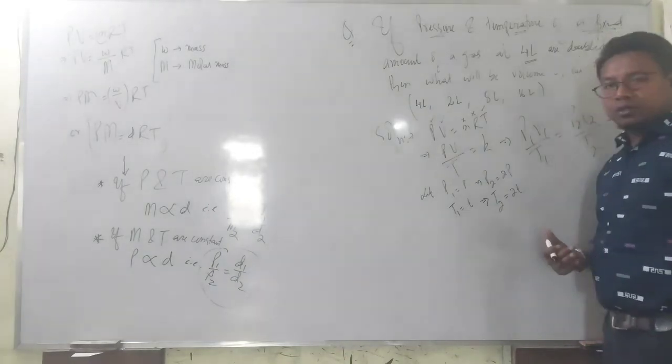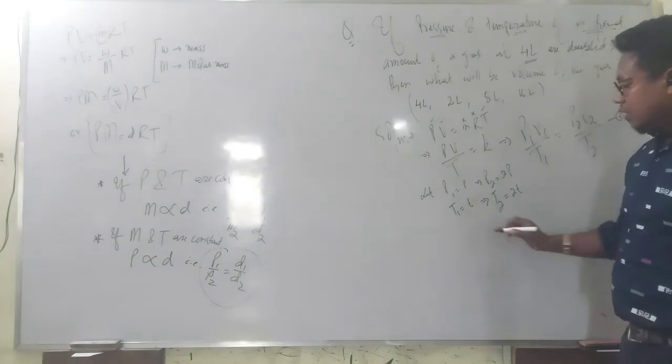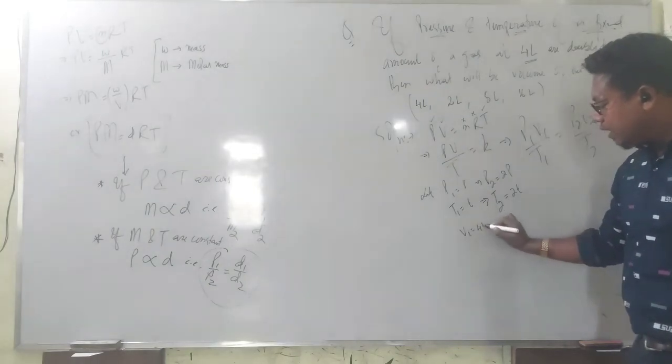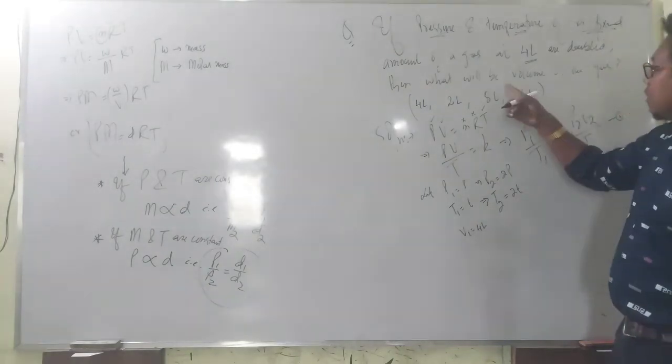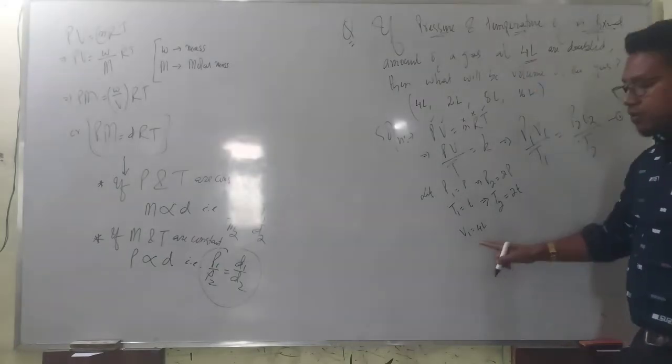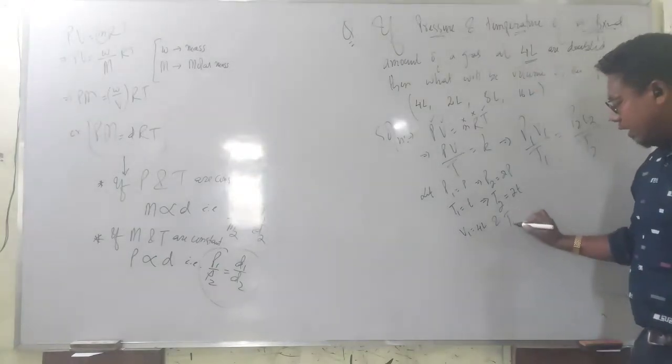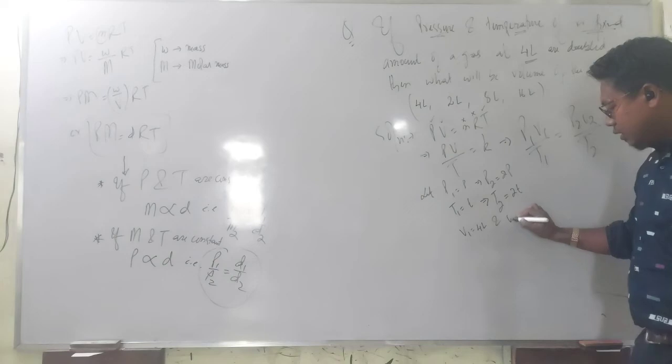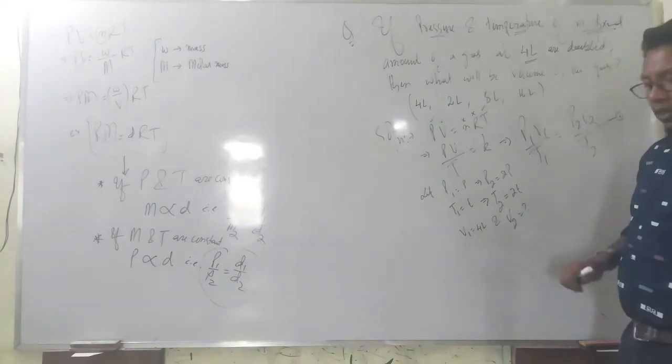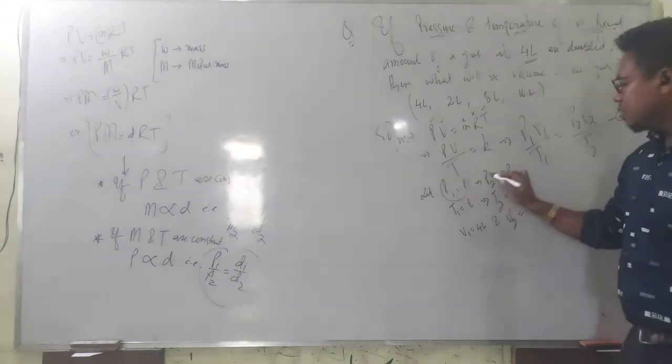I'm not writing the units here. V1 is 4 liters, and we need to calculate V2. So let me put these values in equation number 1.